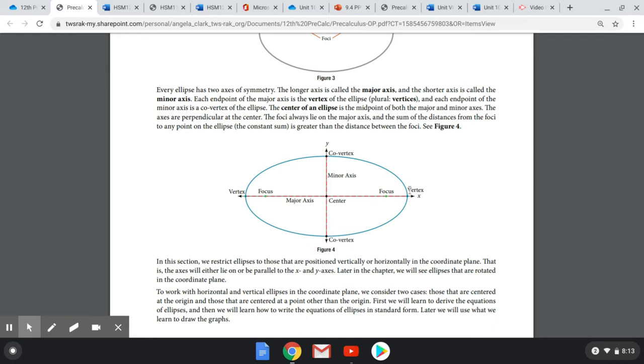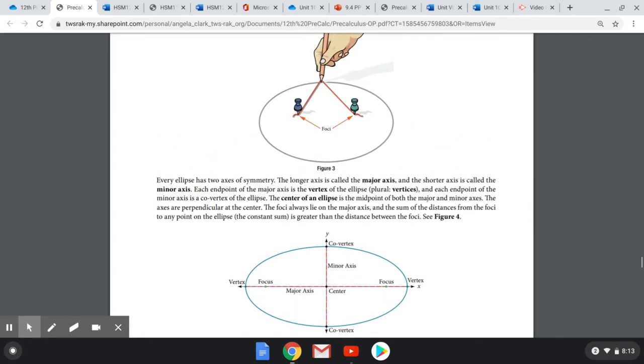So you have a major axis and a minor axis, vertices, co-vertices. And then the foci are always going to be on the major axis. We'll talk about how we find them later, but I just want to talk about a little vocabulary with ellipses before we do that.